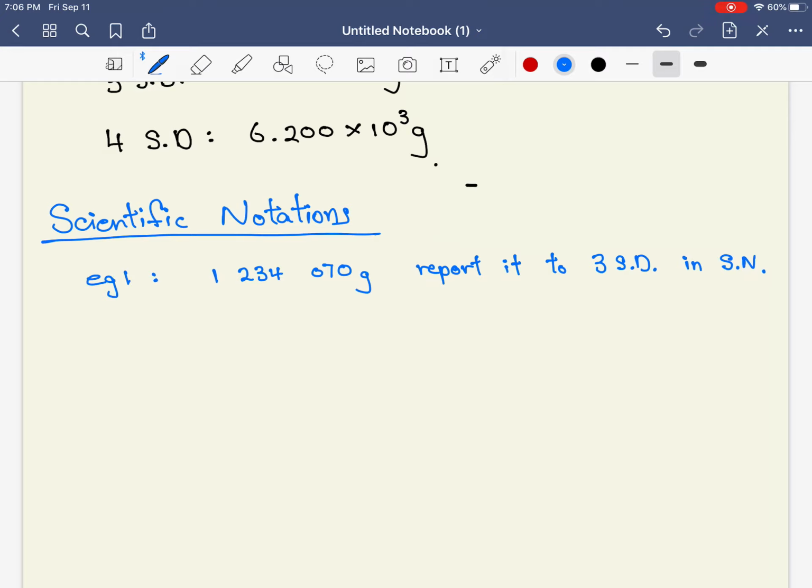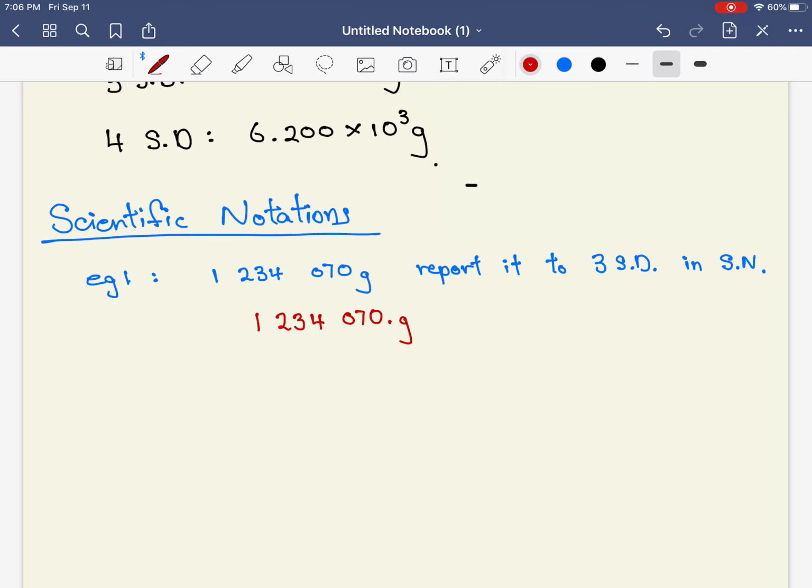How are you going to report this number in 3 significant digits in scientific notation? That should be very simple. Let's do that right now together. You have to imagine that the decimal is right here, and you're going to move that.